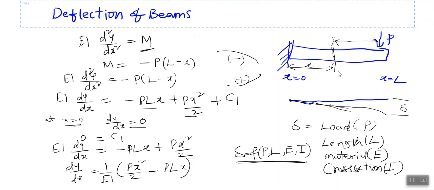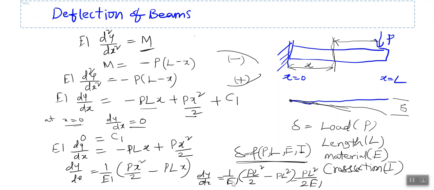If we want to find out the slope at this location, that is x equal to L, we just have to put L here. After that we will get the slope dy/dx = 1/EI times (PL²/2 minus PL²), which is nothing but minus PL²/2EI.